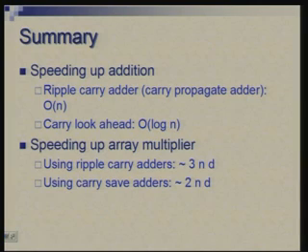So let me just conclude. What we have seen is that as far as addition is concerned, and the same would be true for subtraction, the key idea was to go from ripple carry to carry look ahead, and go from O of n type of delay to O of log n type of delay. Why we get log n is because when you do multiple levels of look ahead, suppose we went from 4 to 16, we got 2 levels.